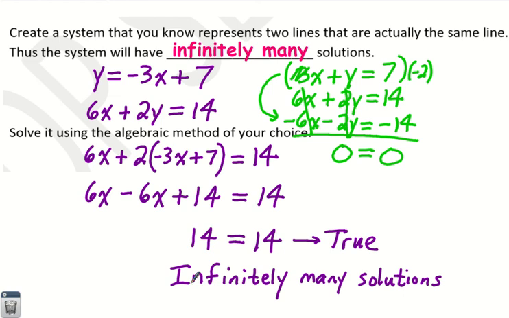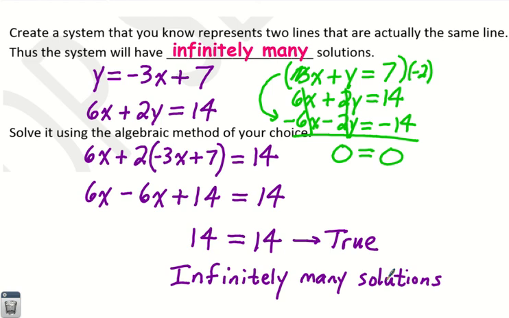Now, like I said a couple videos ago, this doesn't necessarily mean that anything is a solution. It's not like every single XY pair you could come up with is a solution. It's only the infinite number of XY pairs that are on these lines, because they're the same line.